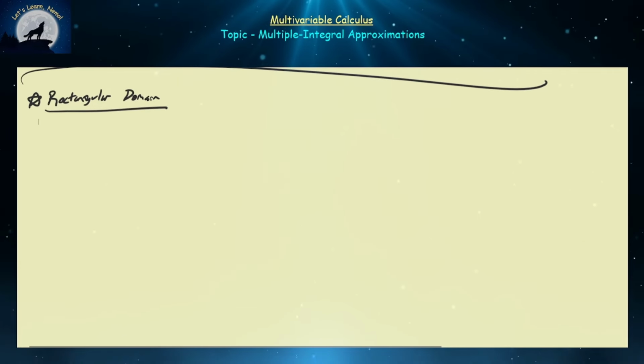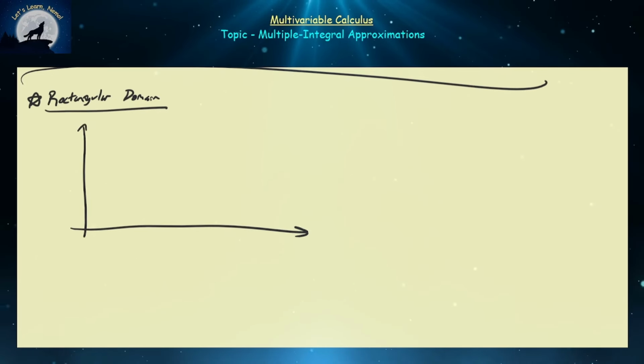But I'm going to be doing most of the pictures from the perspective of our domain being a subset of R2. So let's assume that our domain is a rectangular domain that ranges on the x-axis from xa all the way up to xb, and on our y-axis, ya to yb, where ya and yb are unequal to each other, and xa and xb are unequal to each other as well.